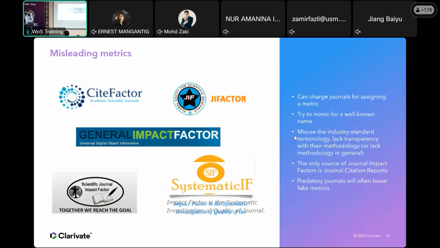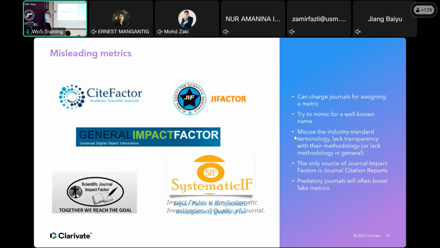The next thing is my favorite one: misleading metrics. Again, a lot of these spammers from predatory open access journals will use this. They will create certain misleading metrics, like "the Cite Factor of our journal is 5.8." I don't know what that means.